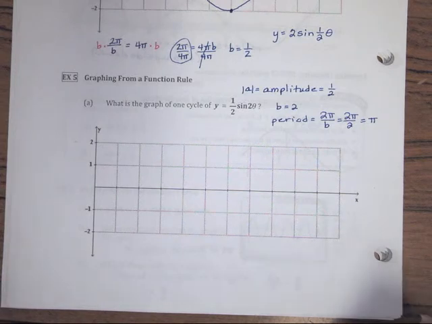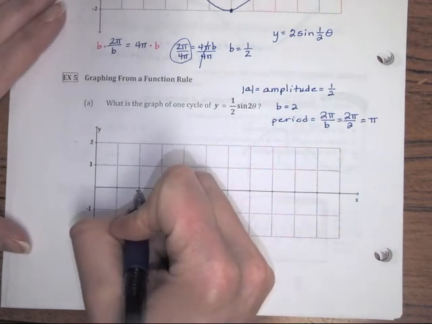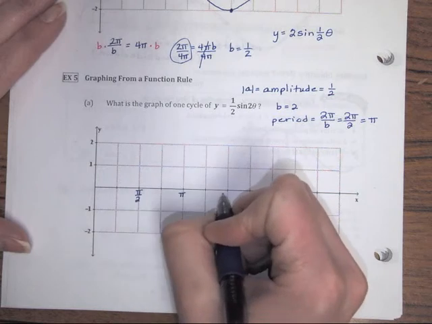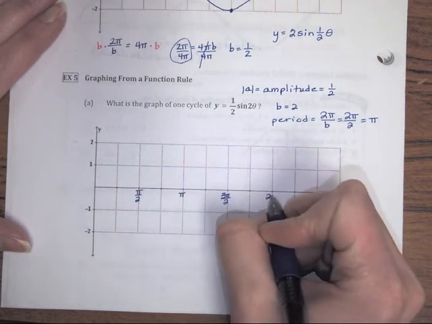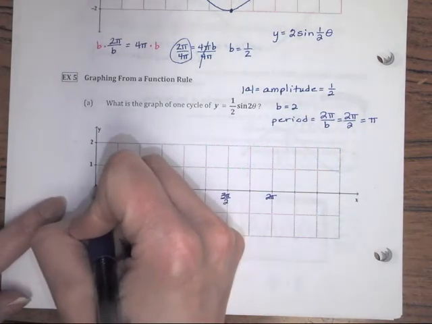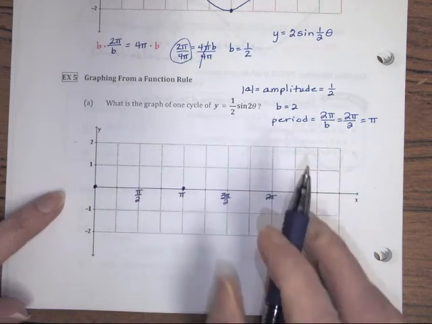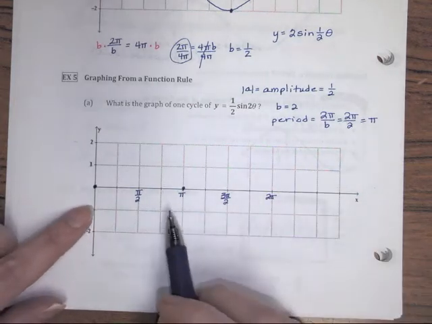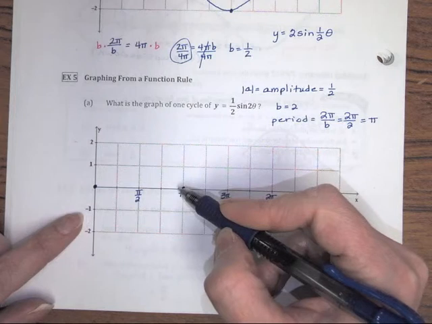All right, so I'm going to spread this out a little bit so we've got some room to work. I'm going to make this pi over 2 and pi, 3 pi over 2 and 2 pi, okay? But now this thing has to start here and end here, and we know that because that's a period. In between these 2 points, it's got to go up, come back down, and then come back to here.